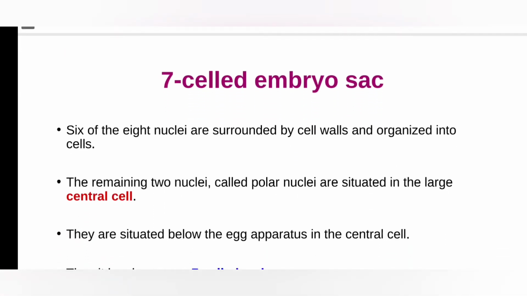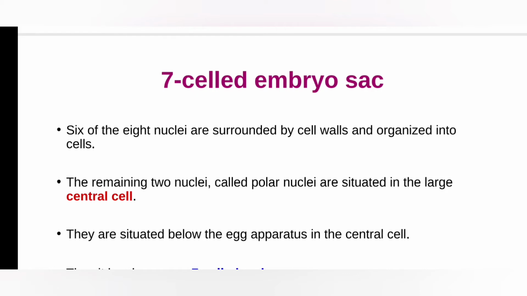Now, 7-celled embryo sac. What is meant by 7-celled embryo sac? How many nuclei are formed? We have learned that 8 nuclei were formed. By forming 8 nuclei, the embryo sac has become an 8 nucleate stage.